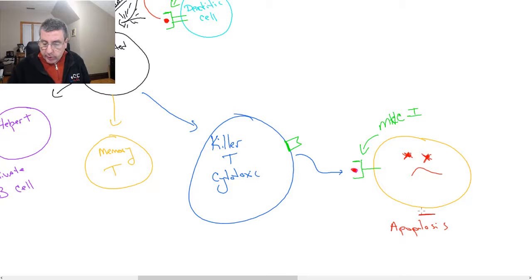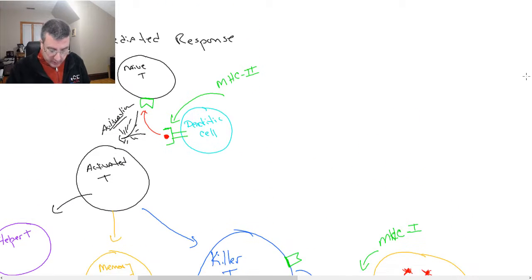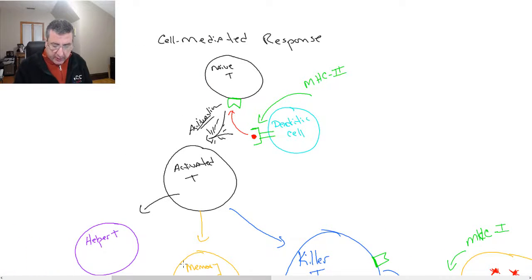So going through this again, basically we have the naive T cell with the receptor. You have a dendritic cell coming along, presenting an antigen on an MHC2 platform. This will activate that naive T cell.